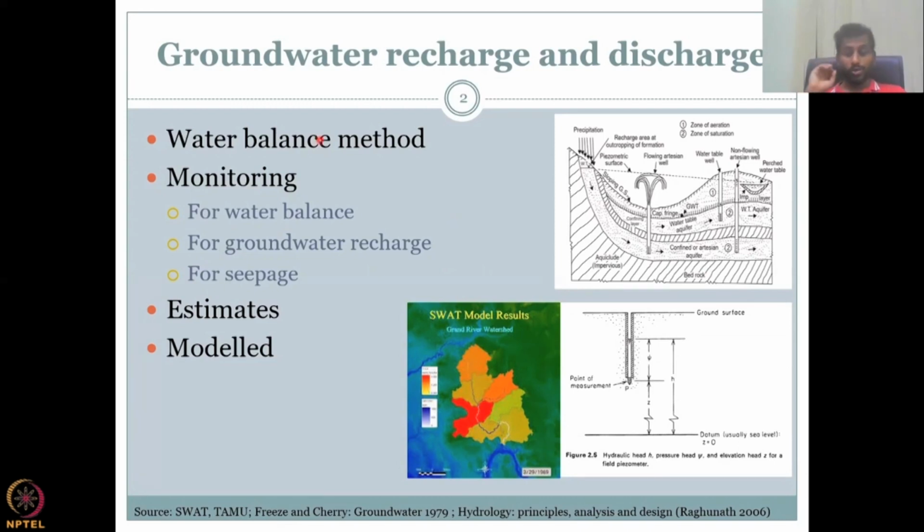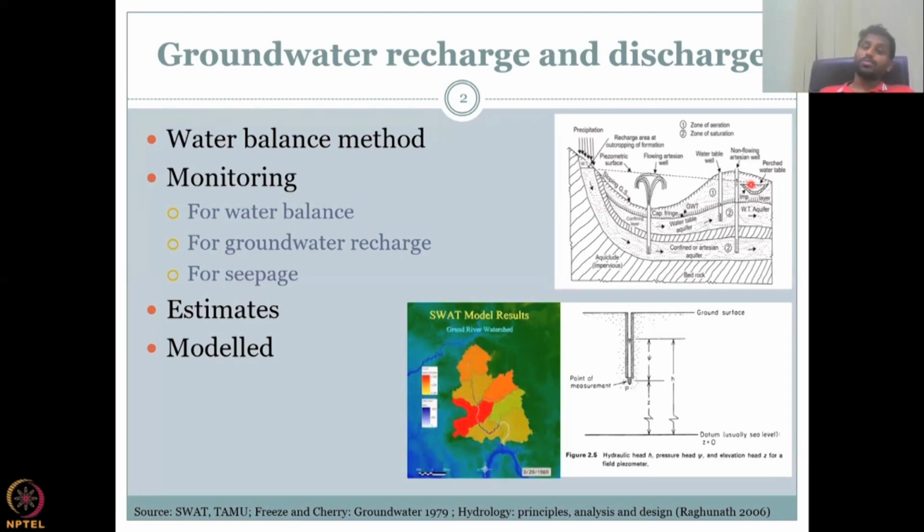Here, you put in parameters for your water balance, and then you can estimate where the recharge is happening and discharge is happening, or both are happening simultaneously. For which there is a lot of monitoring needed and an understanding of the properties of the soil, the material, and water, rainfall, hydroclimate, etc.